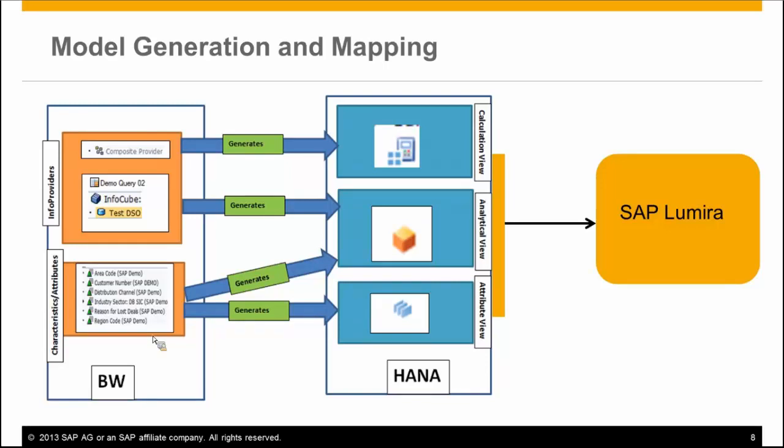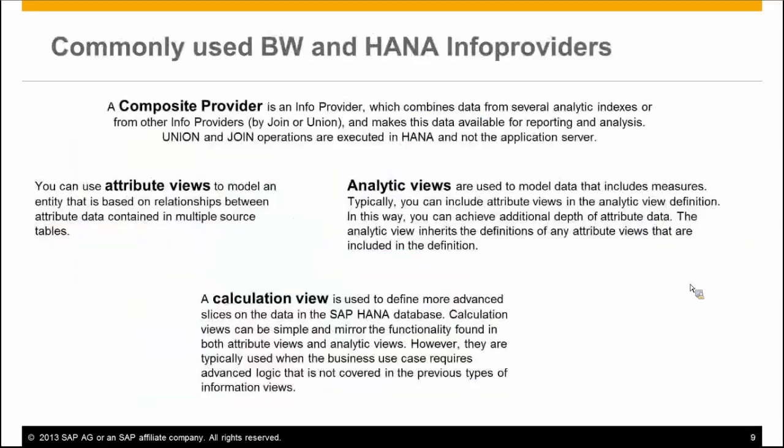So once you have your HANA artifacts generated from your BW front end, you will be able to consume these HANA views just like any other HANA view within SAP Lumira. And that is a significant difference in the way you would utilize some of these BEx entities. You'll be able to consume them within SAP Lumira.